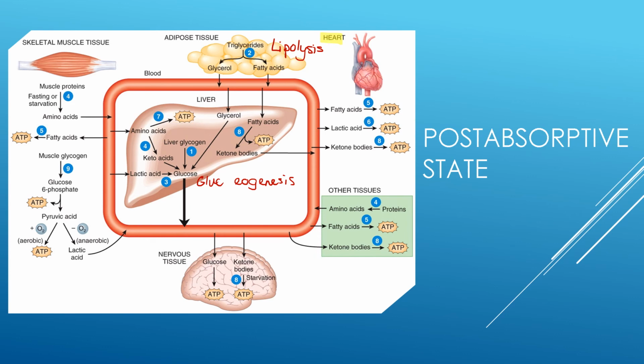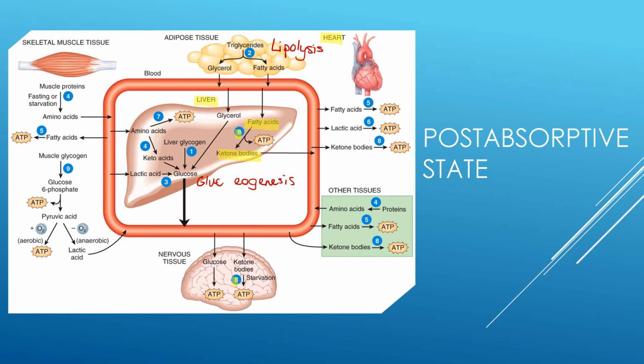Then we have our number 8, which is the oxidation of ketone bodies. So hepatocytes up in the liver can also convert fatty acids to ketone bodies.